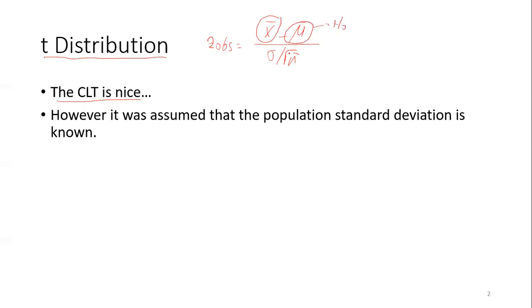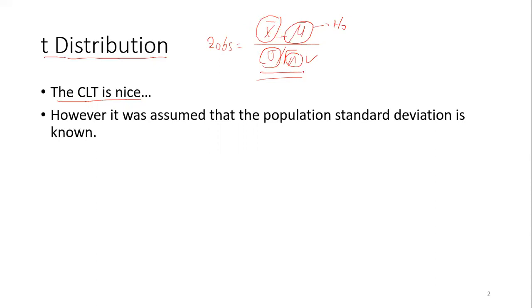We know n, that's great. However, sigma is given in the question, but most of the time we don't know sigma. So since sigma is given, we can just write and see that this is approximately normal. But if you don't know sigma, then you're not able to write this.